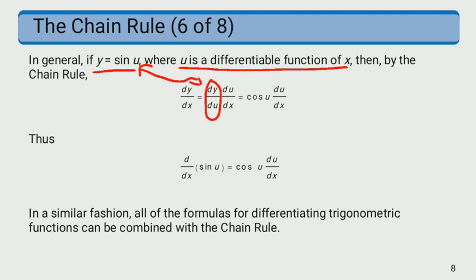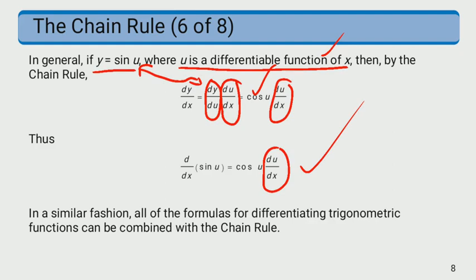And then after finding dy du, we need to multiply by du dx, because now u depends on x. So if we find dy du, we find that dy du is nothing but cosine of u, but you still have du dx. If somebody gives you what is u, you can apply it directly, but for now, let's leave it as just du dx until somebody gives you a function for u, then you can substitute here.